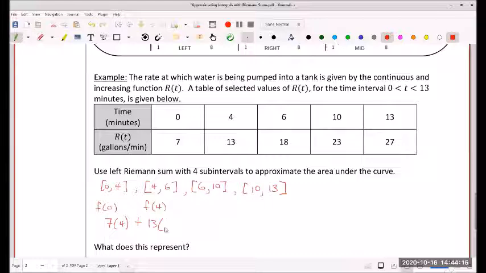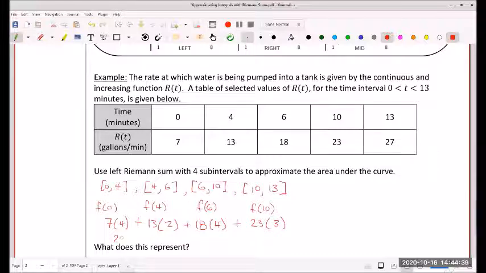And the base of the rectangle is 6 minus 4, which is 2. And then again, left endpoint, f of 6, looking at the table, that's going to be 18. And then the base is 10 minus 6, which is 4. And then for the last one, left endpoint, f of 10, which is 23, and we'll multiply that by the base, 13 minus 10, which is 3.